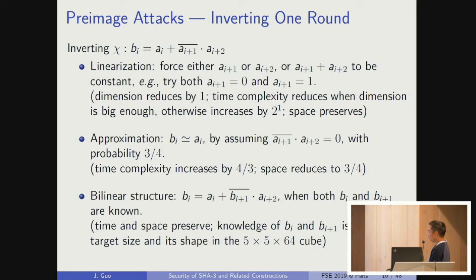So given B_i and B_{i+1}, this equation becomes a linear equation. This preserves time and space simultaneously, but the limitation is that the knowledge of B_i and B_{i+1} is not always there. It depends on the targets and the shape it forms.